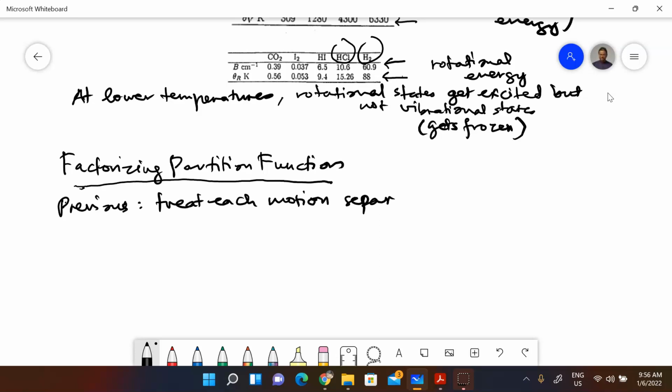but you know that as a physical entity, for example, the diatomic molecule will have all possible motions.